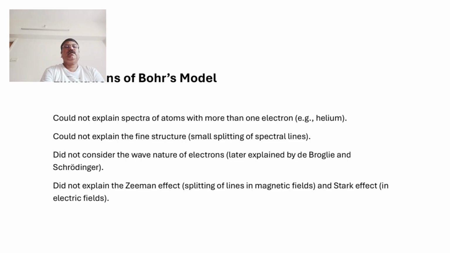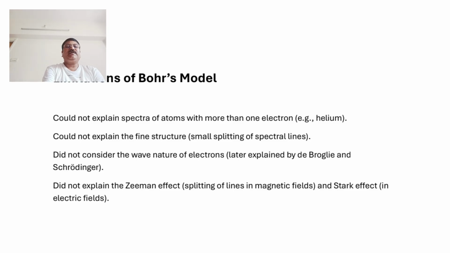So as there is success in Bohr's theory, but it has four limitations. First limitation is that he explained the spectra of atoms containing only one electron, that is hydrogen.